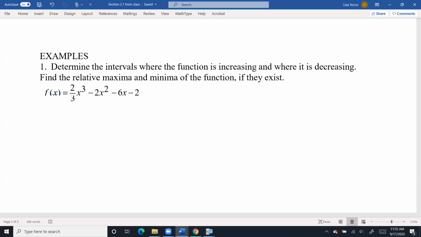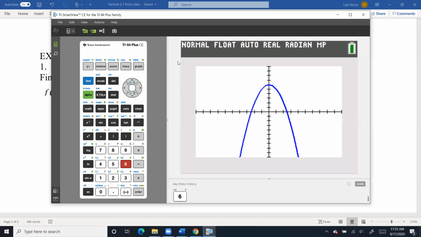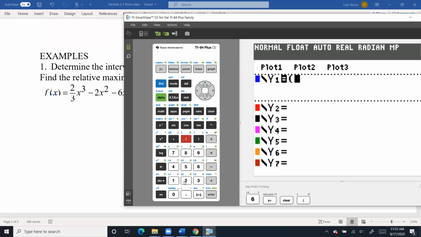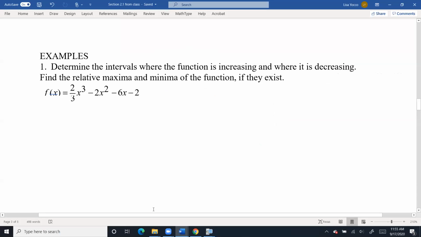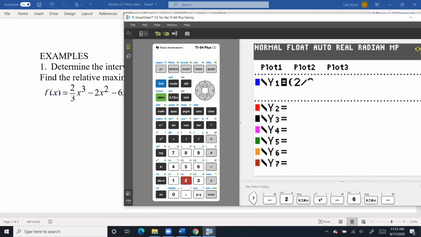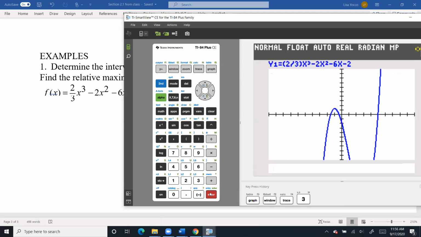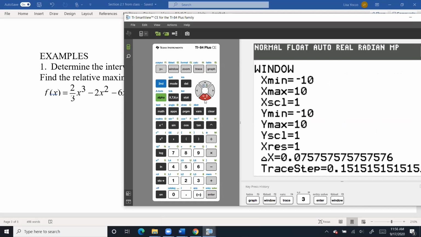All right. Now, with our calculators, this is going to be a little tricky on my part, because with your calculator, you can probably find most of that information just by graphing it. So I know you can't see what I'm doing, but I'm just typing this function into my calculator. Just fixing up the window.